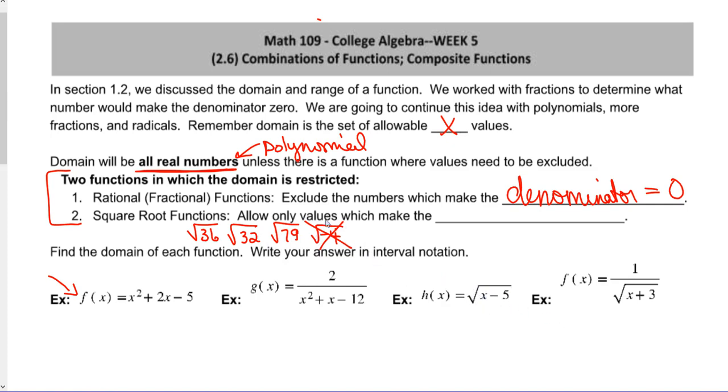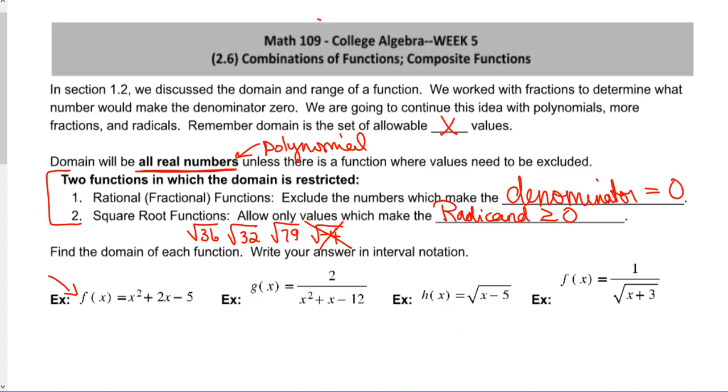Now remember, this is imaginary, but when we're working in the real numbers, for our domain, we want to allow only numbers which make the radicand greater than or equal to 0. Okay, so it can be 0, but I can't have a negative number.